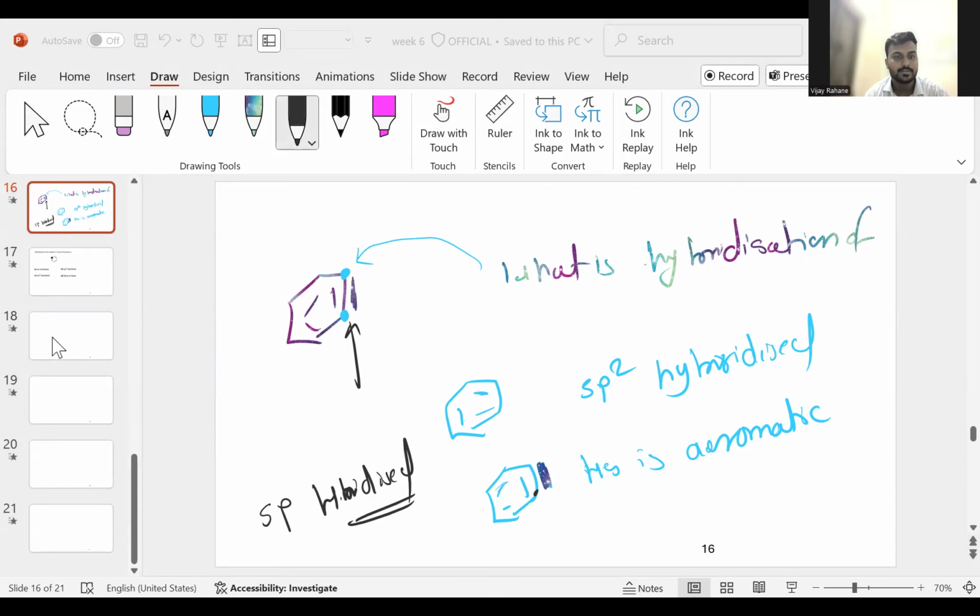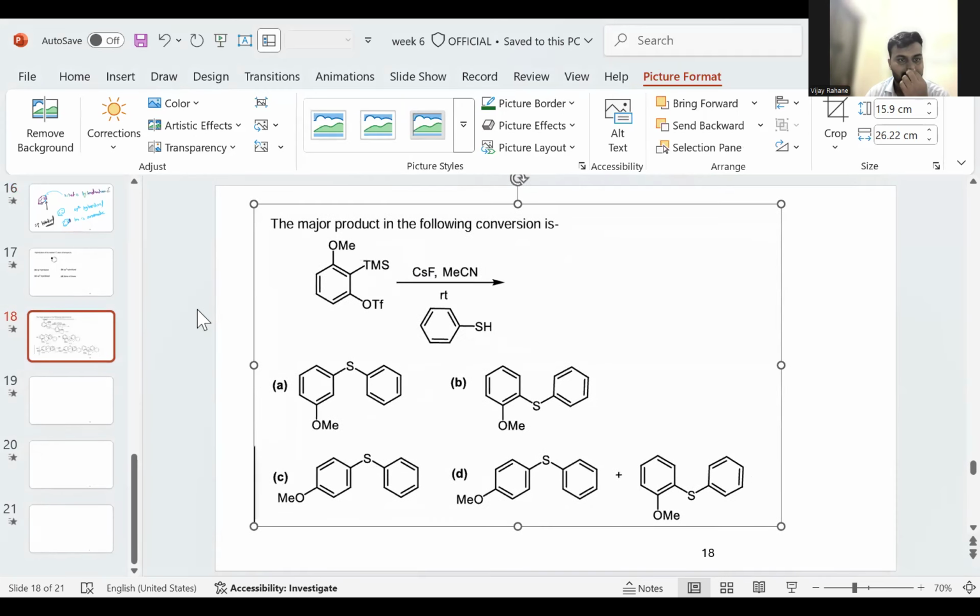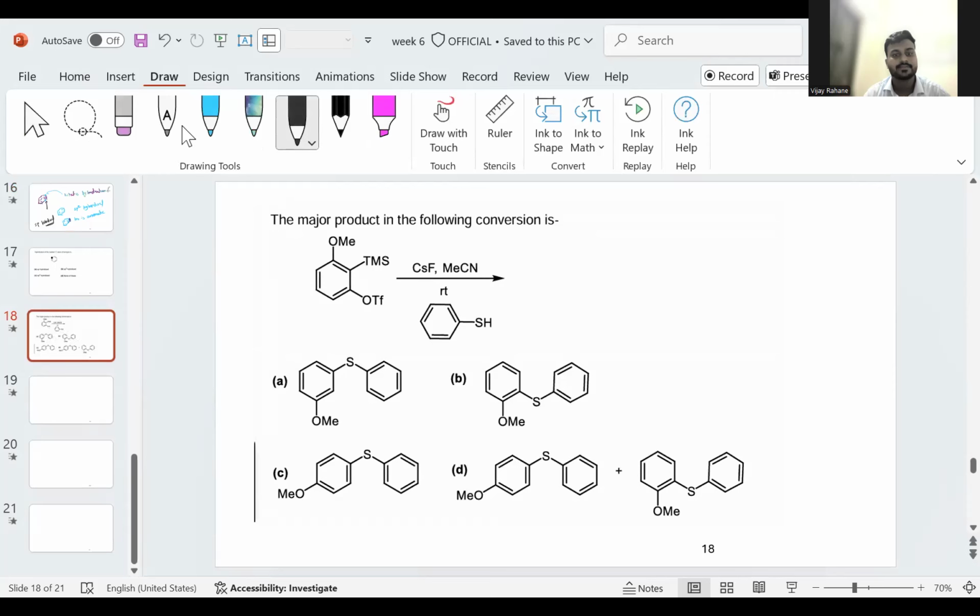Here is the example of the reaction, and what is the major product formed in the following conversion. So you are given a compound which has the aromatic benzene ring which has the methoxy group, TMS and OTf group. And with cesium fluoride in acetonitrile solvent at room temperature, we have added the thiol. So what are the products? Anyone?